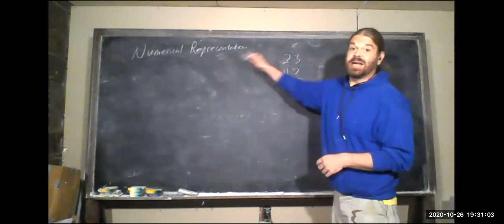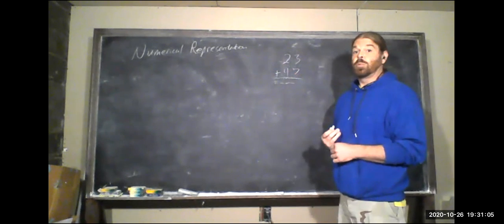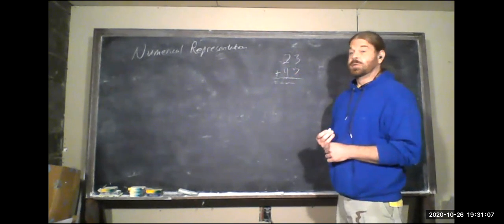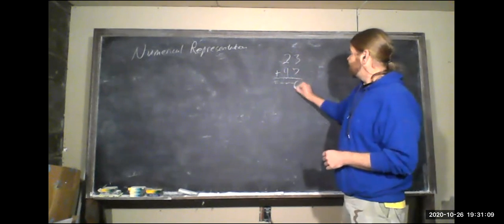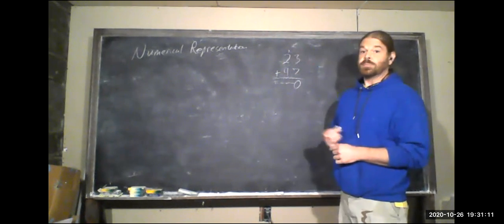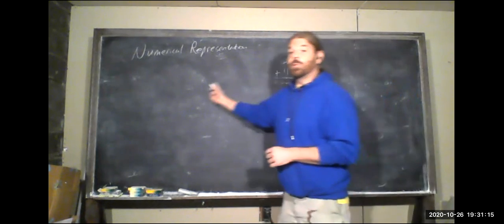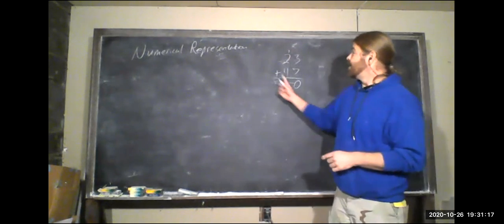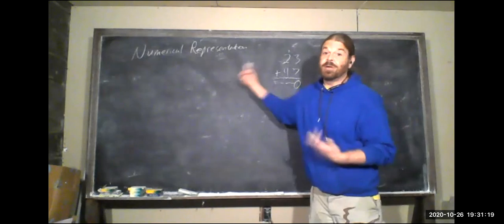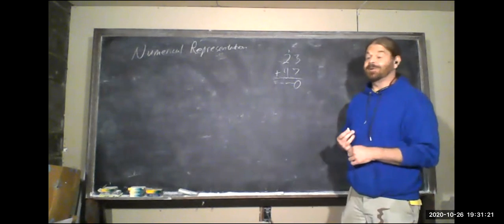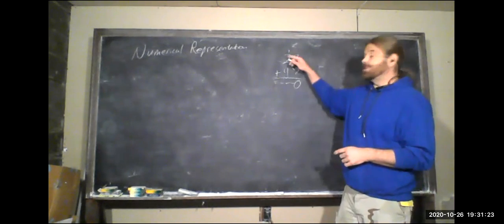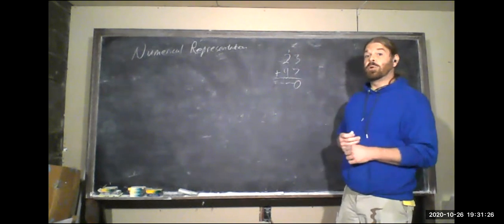Because otherwise, we might end up having to carry more than one column over. Right? So like 3 plus 7 gives 0, and we carry a 1. Carrying over to the next column is no problem. But we don't want to carry 3 or 4 columns over. We'd lose track of things pretty quickly that way, right? So we're restricted. We don't want to add more at one time than we have columns.